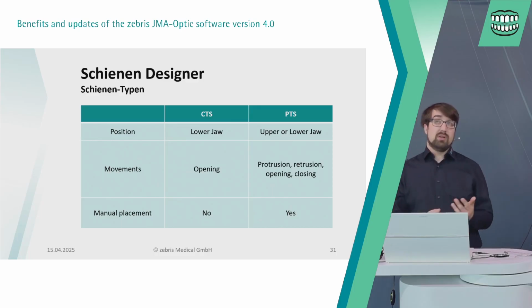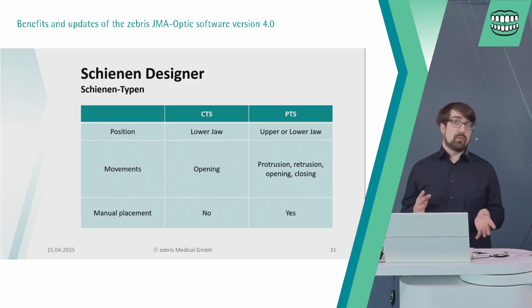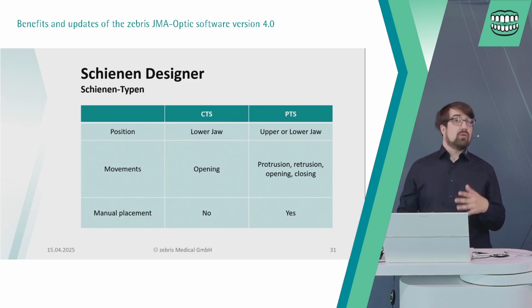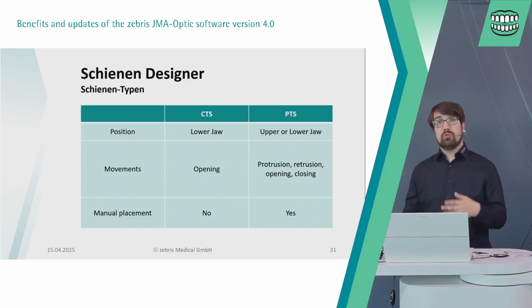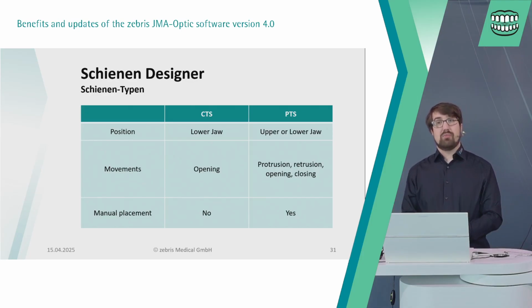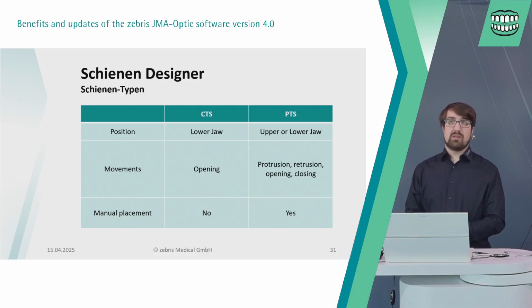With the PTS splints on the other side, you have every possibility. Yeah, you can place it at the upper and lower jaw. You can place the lower jaw depending on the protrusion, retrusion, opening, closing movement, or make a manual placement of the condyles by hand in the software.